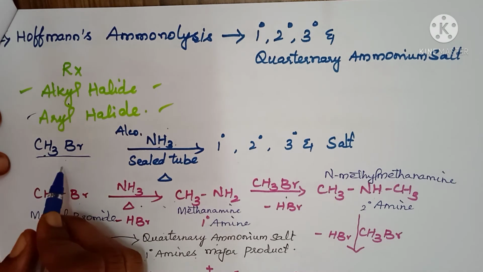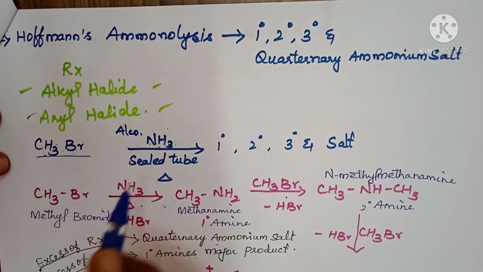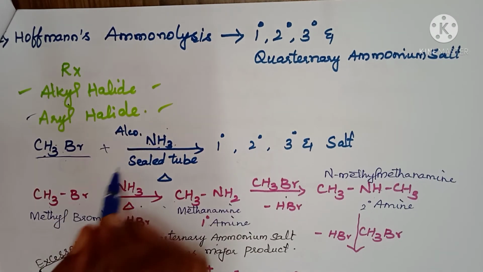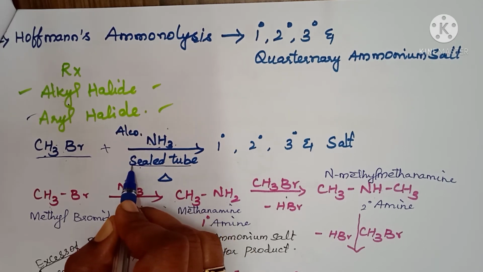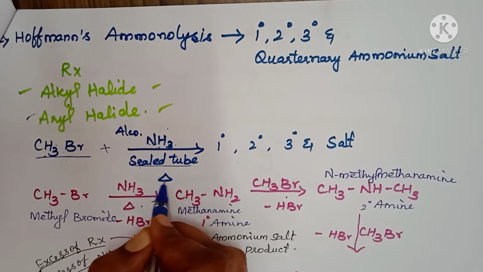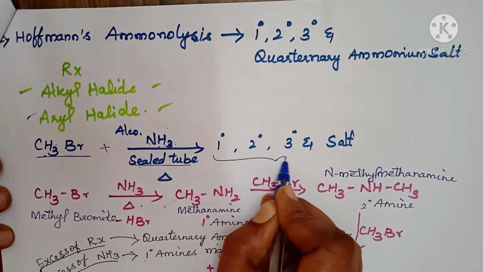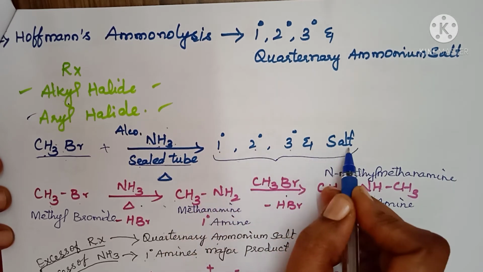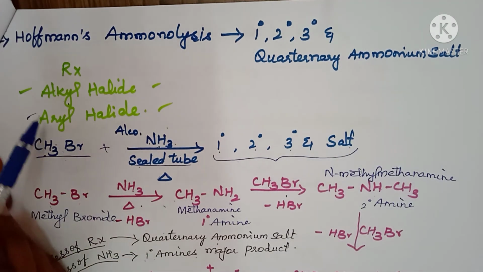We take methyl bromide plus alcoholic ammonia and put it in a sealed tube, that means the container should be sealed, and we heat it. When we heat, we gain all these products: primary amines, secondary amines, tertiary amines, and quaternary ammonium salt also. In this we use alkyl halide, not aryl halide.